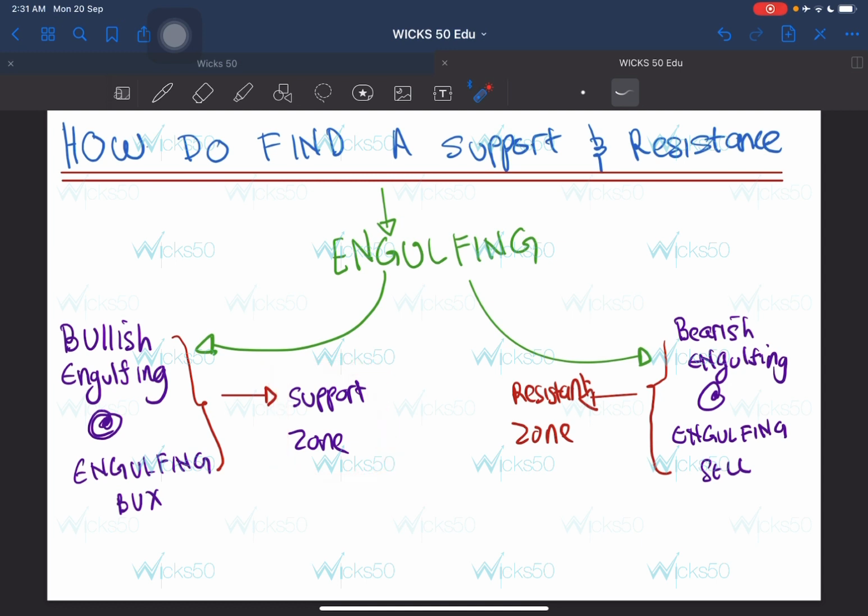Whereas engulfing sell, or you can call it bearish engulfing, or EG sell, will indicate a potential resistance zone. Because at the end of the day in Forex, you want to look at where you want to press buy and where you want to press sell. So an engulfing buy zone is potentially a place whereby you want to be pressing buy, and the total opposite for engulfing sell.